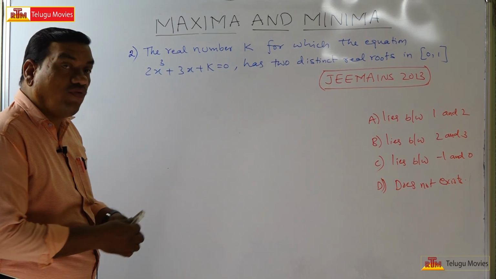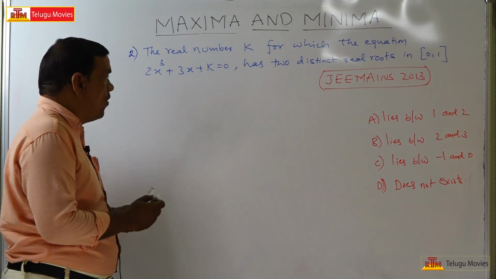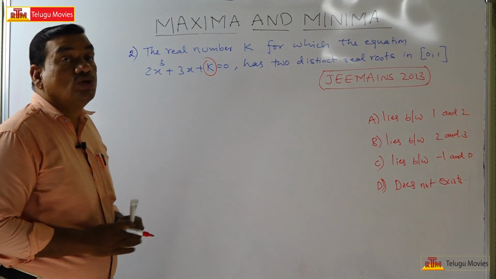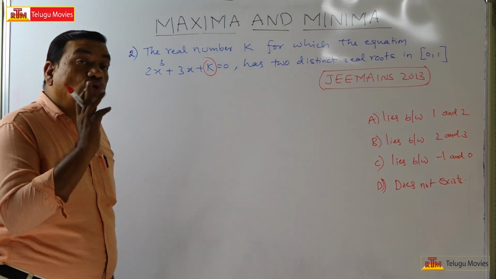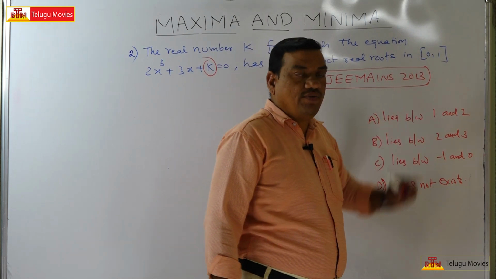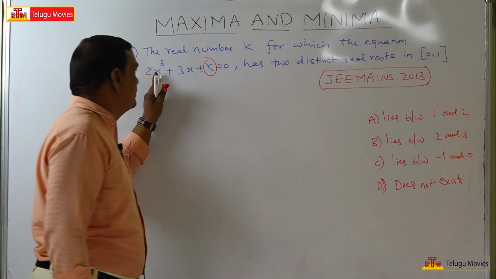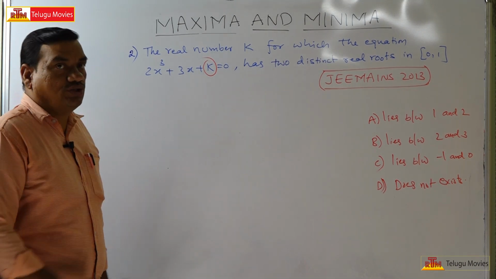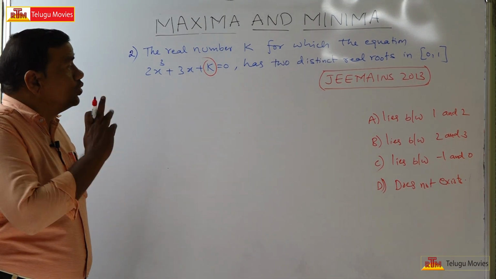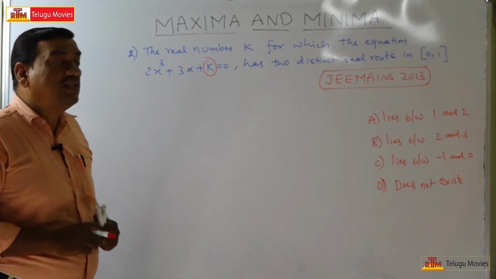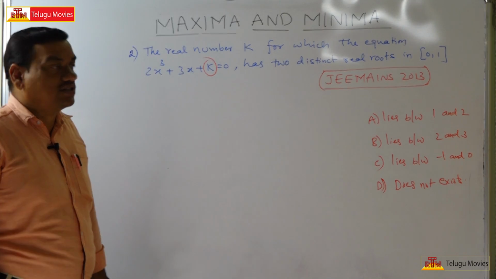So we have to find the value of k so that two distinct real roots lie between 0 and 1. Since it is a cubic equation, it will have 3 roots, but 2 different roots should be in 0, 1. Then what is the value of k, it is asking.